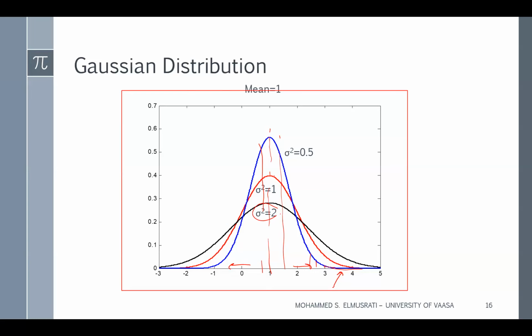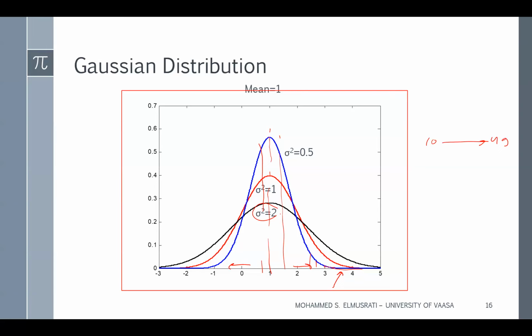Okay, so for example, if we take any real issue, for example the size of shoes, we know that shoe sizes can be maybe 10 for babies, and it can be up to 49 for some people who have very big feet.